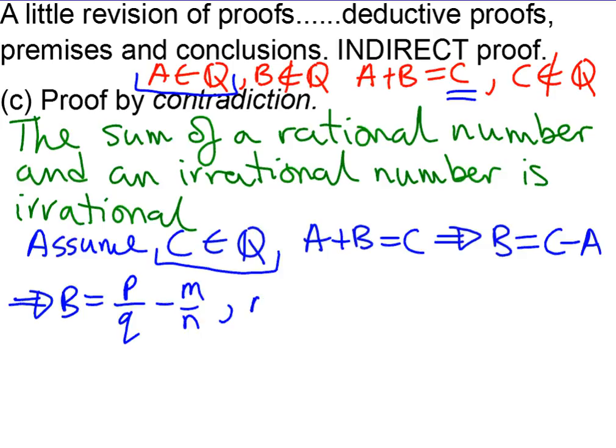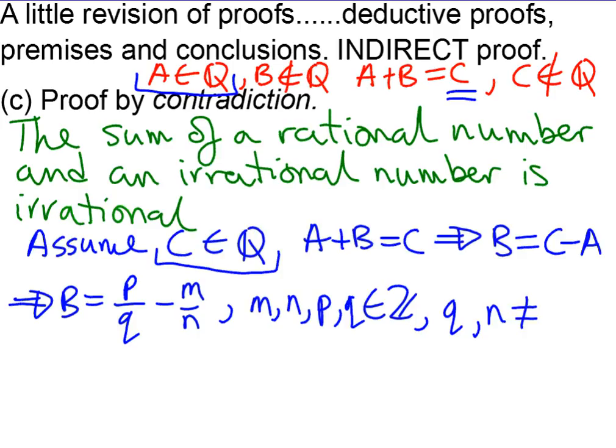We can always write a rational number as a fraction, a quotient of integers, such that the denominators are non-zero.